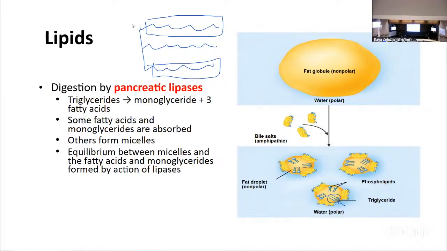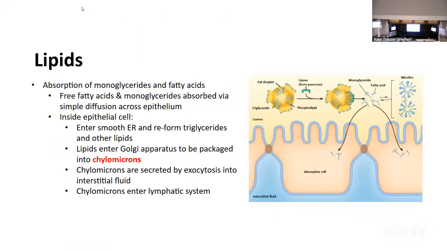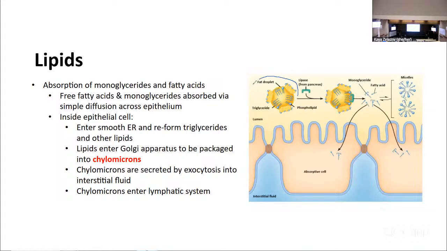So some of these fatty acids and monoglycerides are going to stay in the lumen in the form of micelles, and then kind of slowly, one by one, little pieces are going to get absorbed. So we see that here. Okay. So what we're looking at, right, here is what we had from the previous slide. So we had our fat droplet with the bile salts on the outside, triglycerides inside, plus some other things, right?